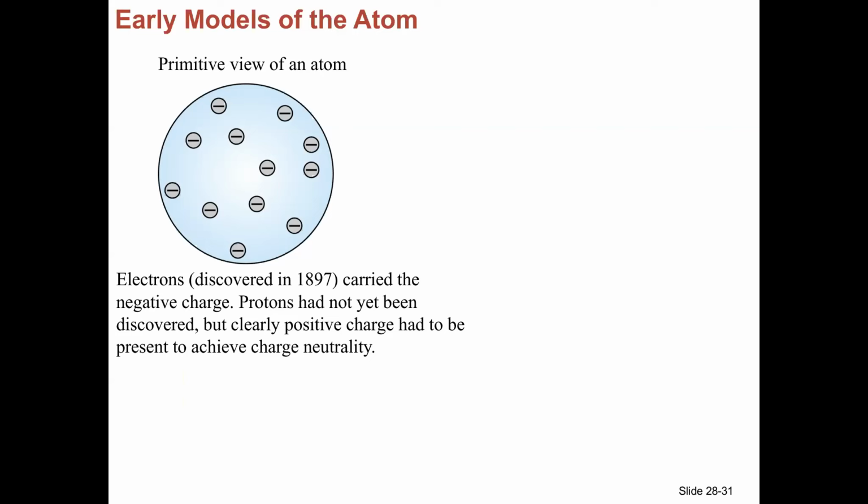So our model for the atom really looked like this: all these negatively charged particles in a soup of positive charge. Once positive charge was discovered, we didn't yet know about the nucleus, but we might postulate particles of positive charge all around like this. Of course, we know now this is not true.